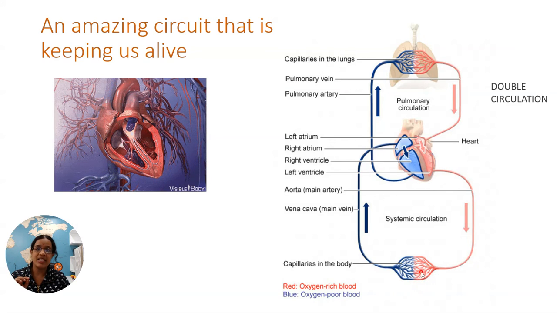That means the blood is traveling twice, once from heart to the body parts and once more from heart to the lungs. So we human beings show double circulation.